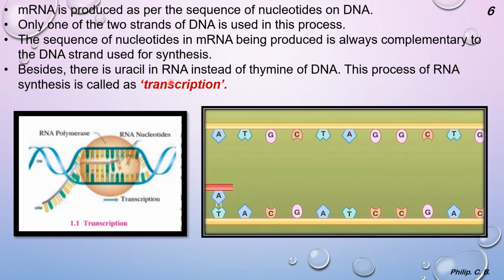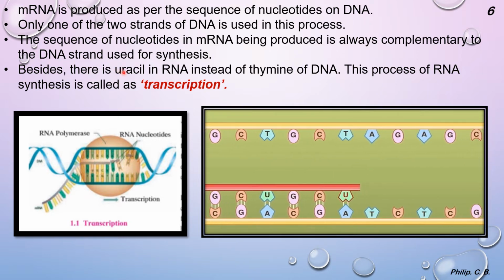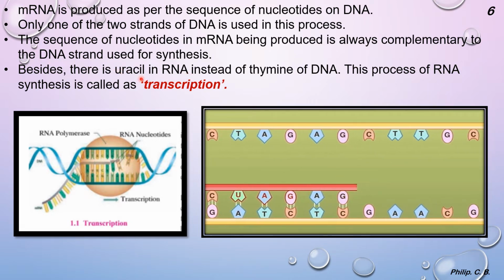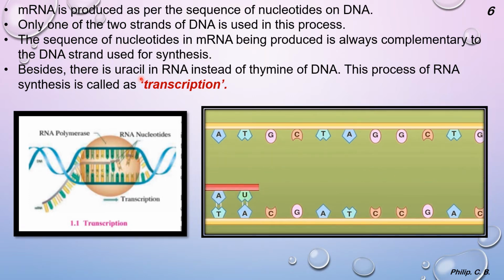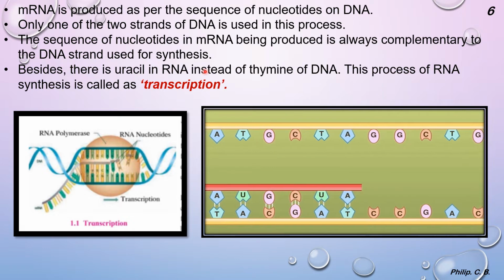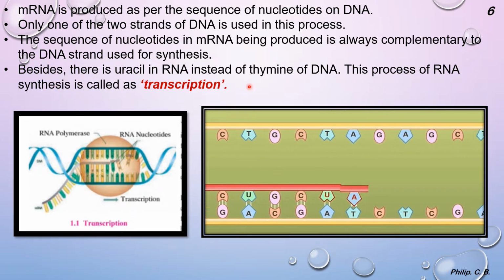But in case of RNA, instead of ATGC, it becomes AUGC. Now what is this U? Uracil. So in RNA, it is the AUGC pattern, that is adenine, uracil, cytosine and guanine. Clear? So this process of RNA synthesis is called what?